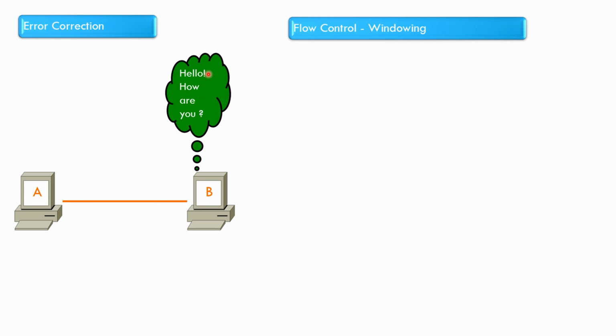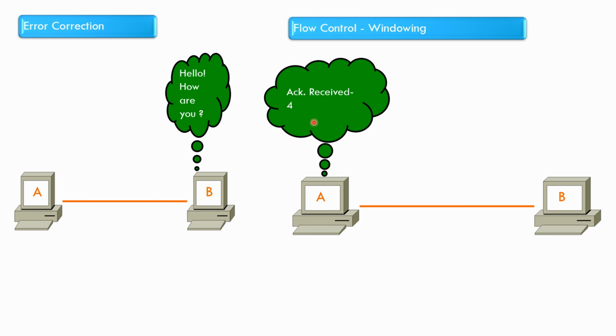In flow control, it will do flow control and windowing, which is a major topic. Windowing is how much window size the end user, receiver or transmitter both have, and they need to check the window size before transmitting the data.